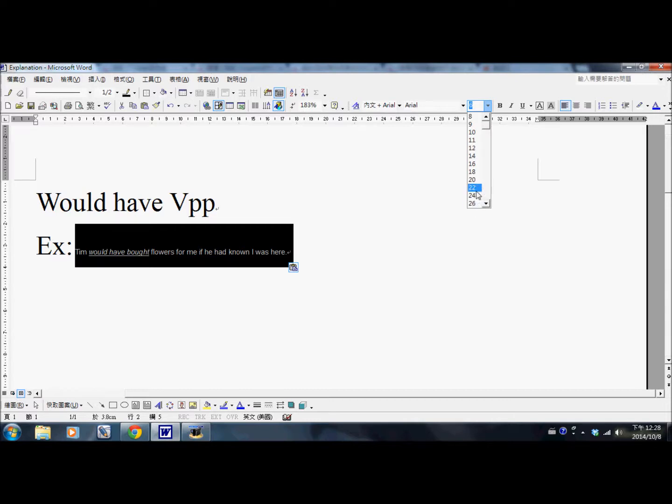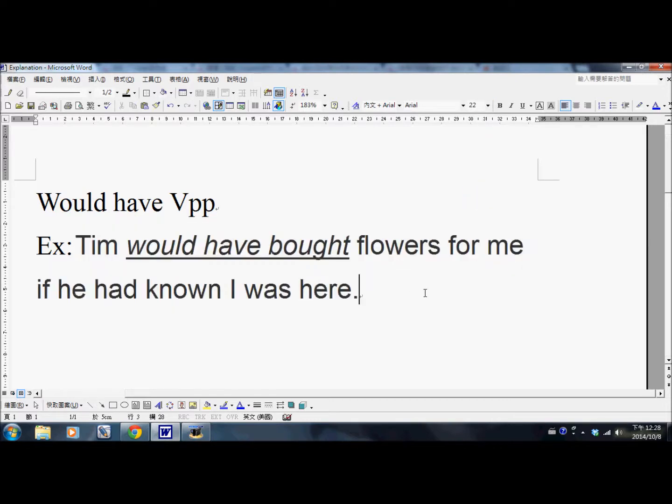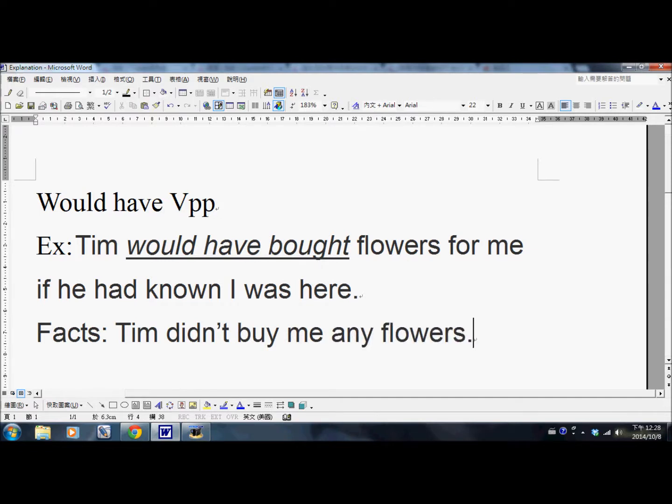Tim said that he would have bought me flowers if he had known I was here, but what are the facts? The fact was Tim didn't buy me any flowers, and why? Because he didn't know that I was here.